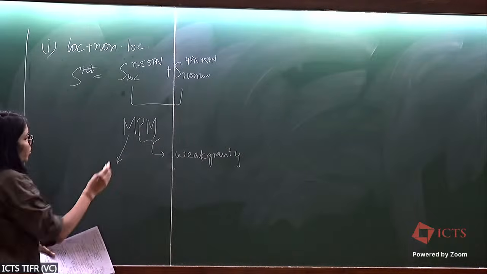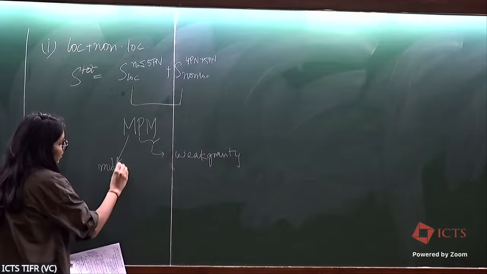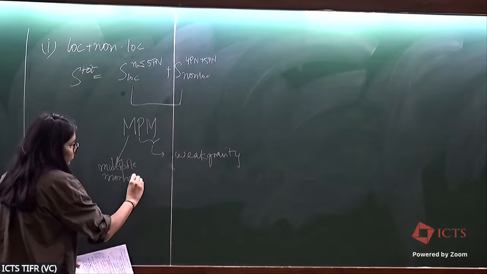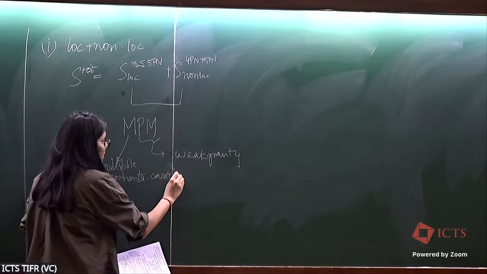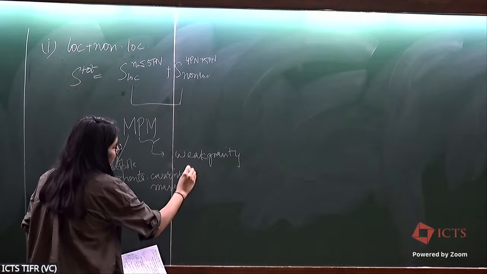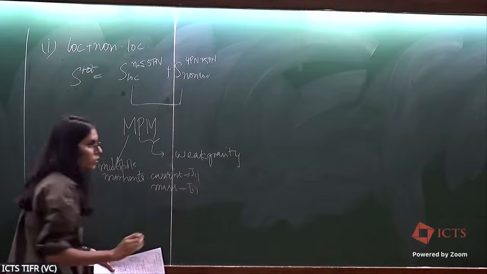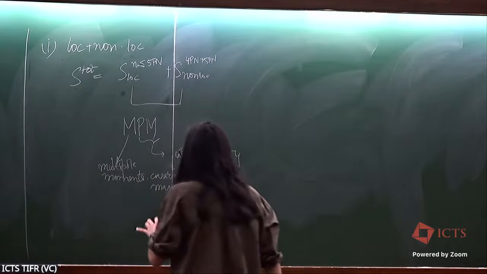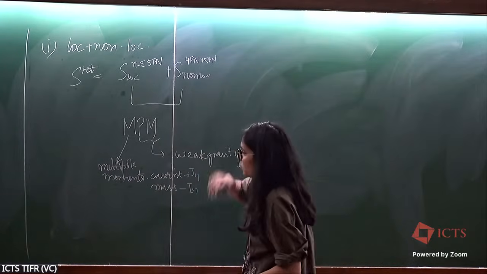And this multipolar is writing the source in terms of the multipole moments, which are the current multipole moments and the mass multipole moments, using which we construct the gravitational wave flux in the first instance. And the idea is to combine both of them to get this clean splitting.